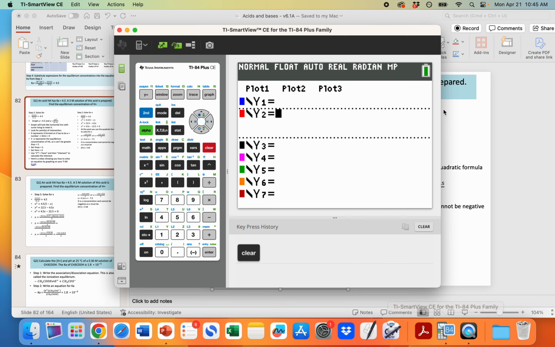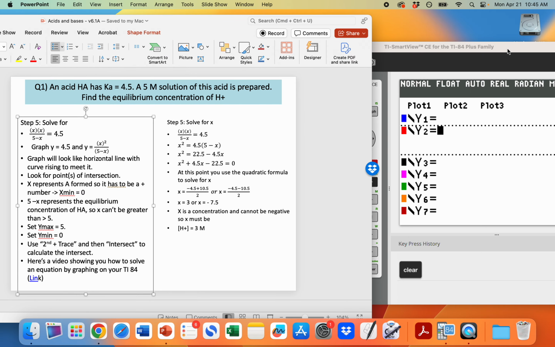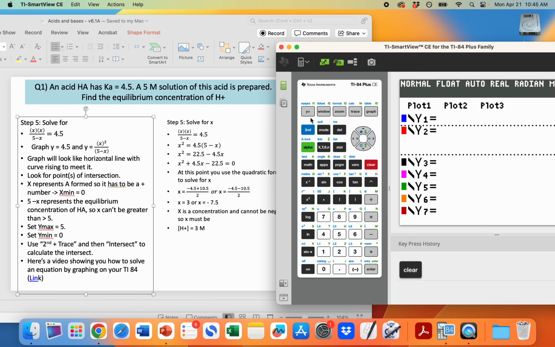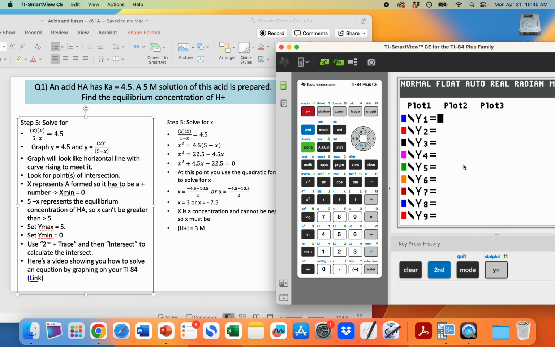I'm going to go to my TI-84 emulator. All right. So, here's your normal screen. You press the y equals button to get here.